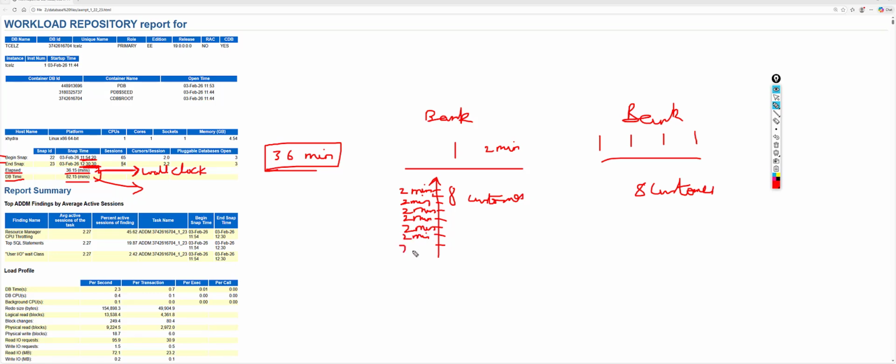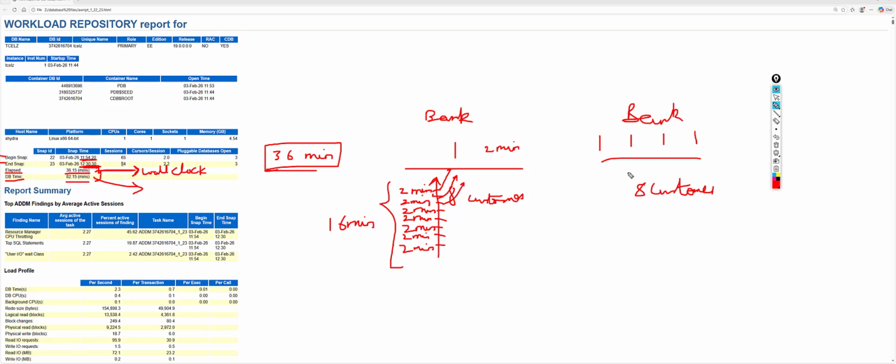After one customer, the next customer needs to go. Then after the second customer, the third customer needs to go. So here there is a serialization, which means if you sum up all the minutes vertically, it is almost 16 minutes for 8 customers.